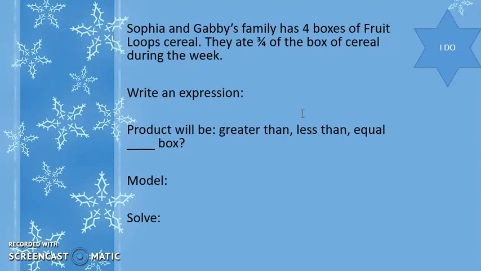Let's go on to our next I do. This one has Sophia and Gabby's family with 4 boxes of Fruit Loops cereal. They ate 3/4 of the box of cereal during the week, or 3/4 of the 4 boxes, during the week.